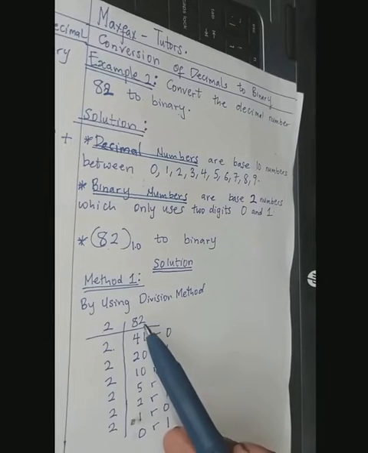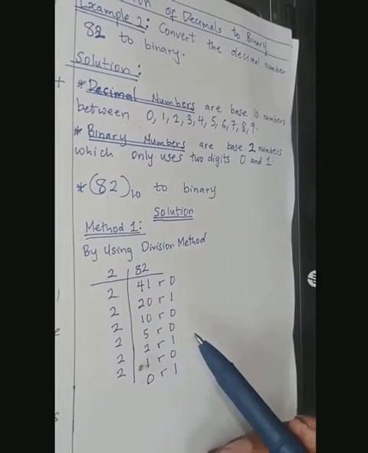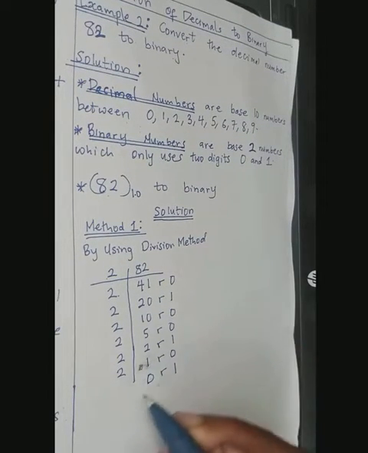So we are going to divide this 82 till we reach 0.